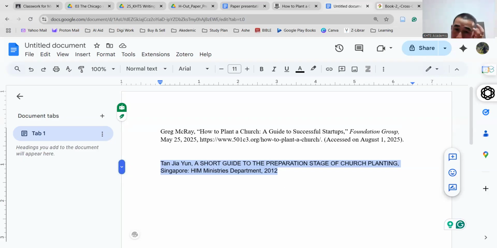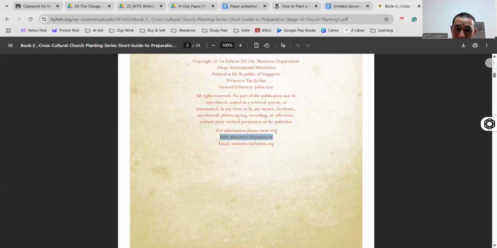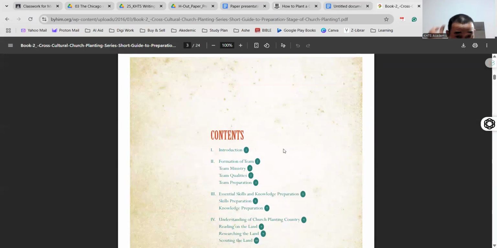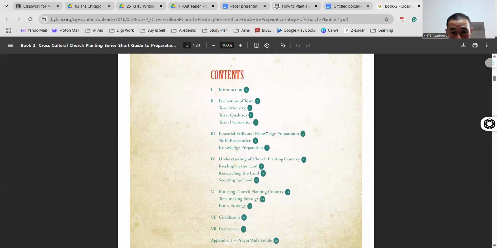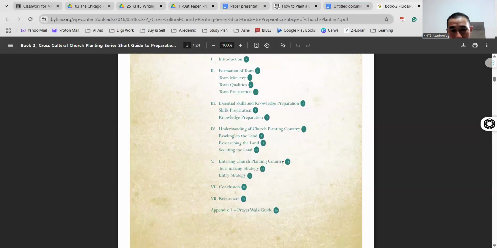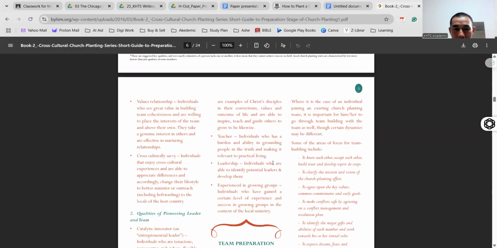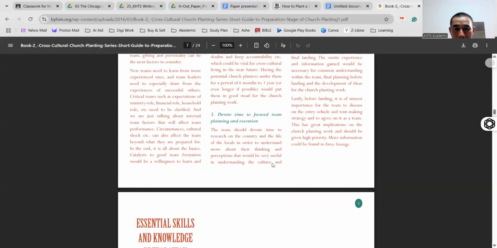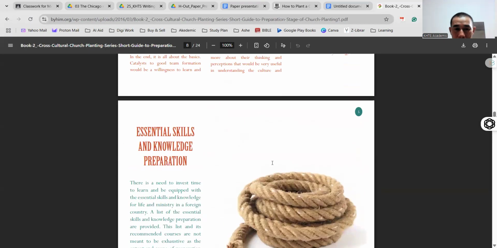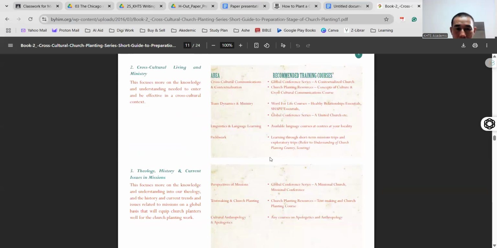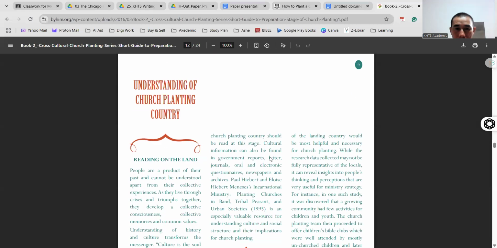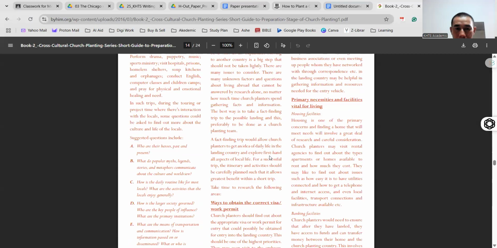And then, for example, we copy certain particular sections from here, essential skills. Okay, entering church planting country is a vision trip that we have done. And just go down, then essential skill, knowledge, understanding of church planting.